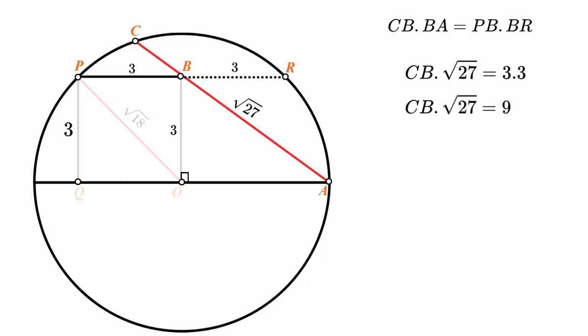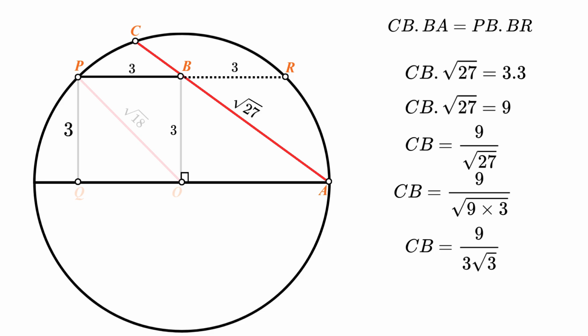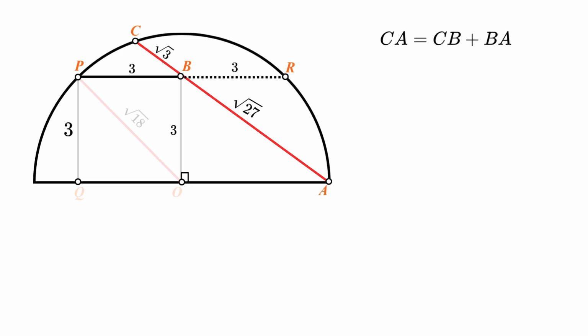So, CB equals 9 divided by square root of 27, which equals 9 divided by 3 times the square root of 3, which simplifies to 3 divided by the square root of 3, which equals the square root of 3. Now, we are looking for the full length of chord CA, which equals CB plus BA. x equals square root of 3 plus square root of 27.